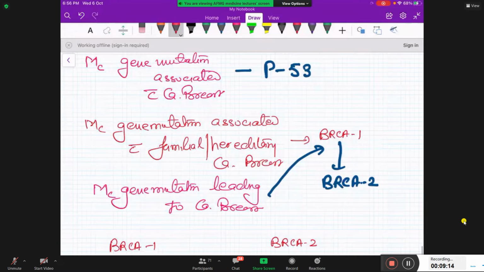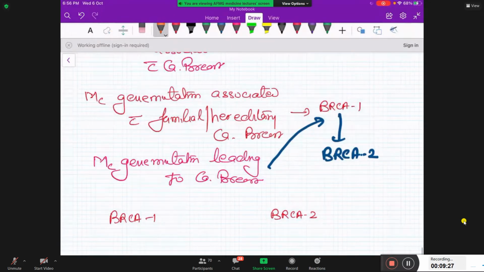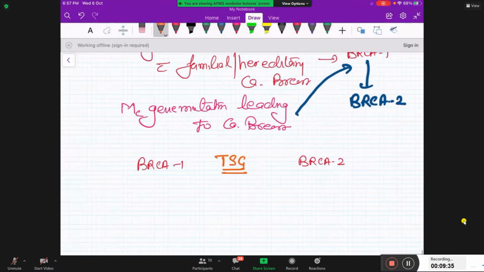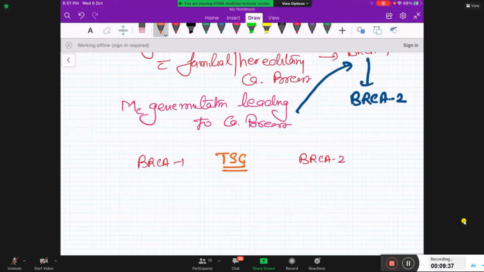Are they tumor suppressor genes or proto-oncogenes? Two choices. These are tumor suppressor genes.